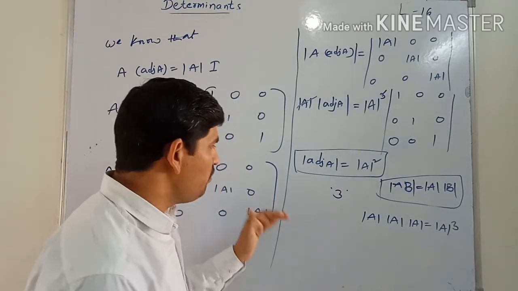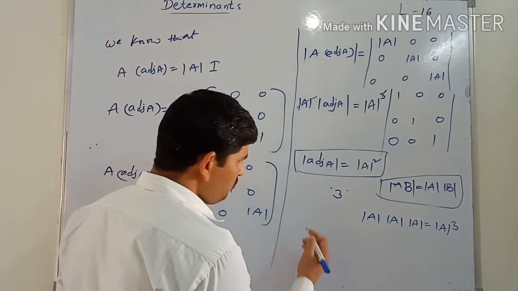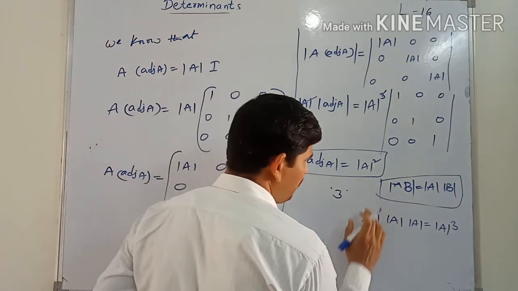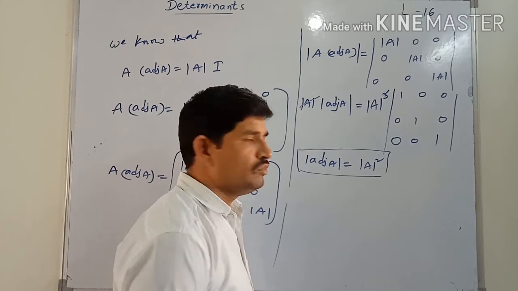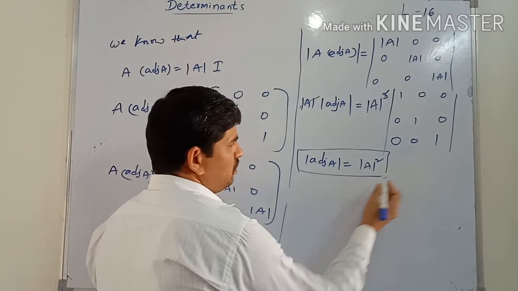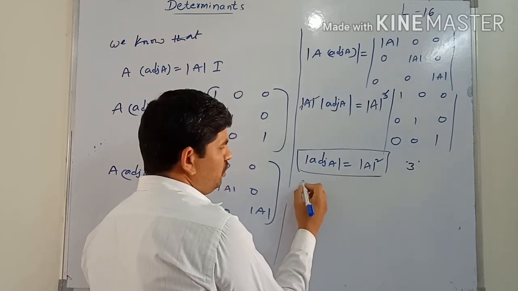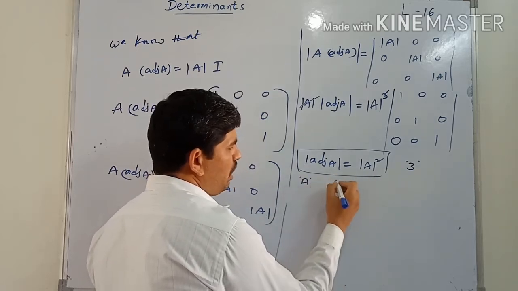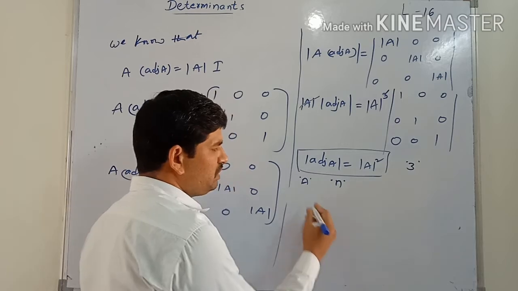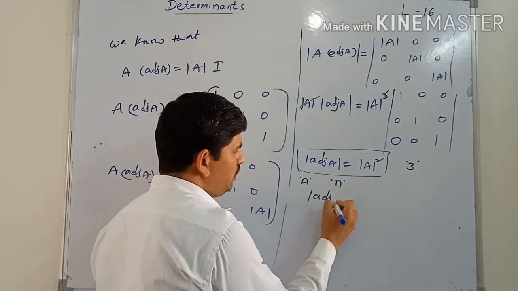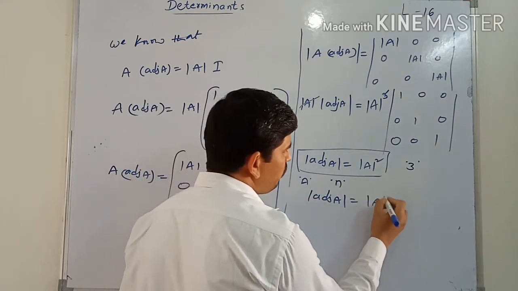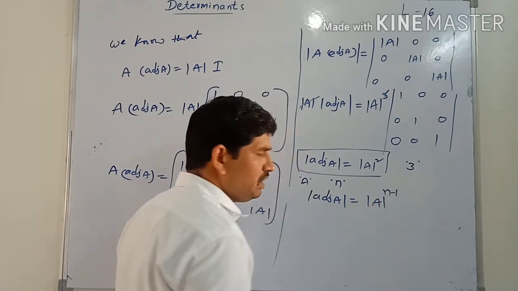Okay, suppose I say one of the formulas here. Now see, this is for order 3. Now suppose the matrix A has order n, what is the formula for this? Means determinant of adjoint A is equal to determinant of A whole power n minus 1.